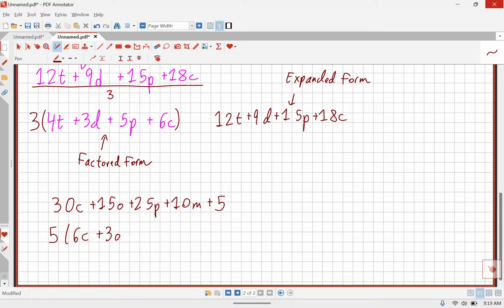That's okay. Awesome. Very good. Way to have that +1. You use different variables, and that's okay. You're allowed to use whichever variables you want to. So that's perfect. And I love that you had that +1 in there. That thing doesn't become invisible because I have to have a 1 to multiply by, 5 times that 1. And that's how we would write this in factored form.